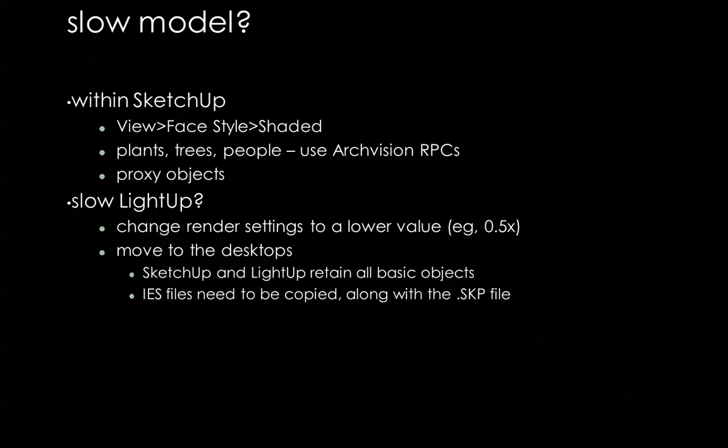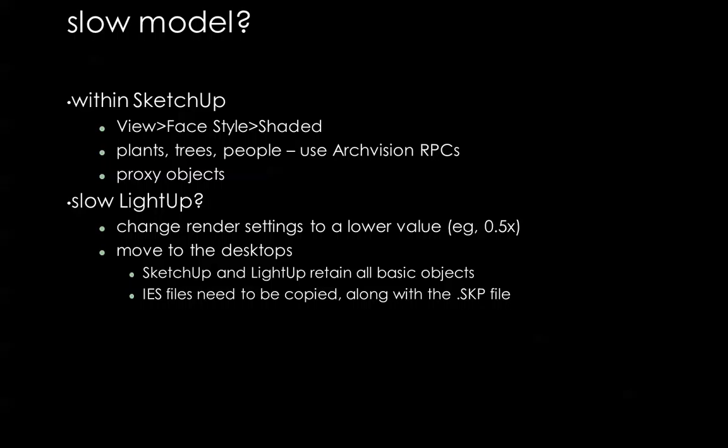This is particularly good for things like a place setting on a table. Just use a rectangle or a box that's the same size. And then before you're ready to render, replace all those components with the component for the place setting.